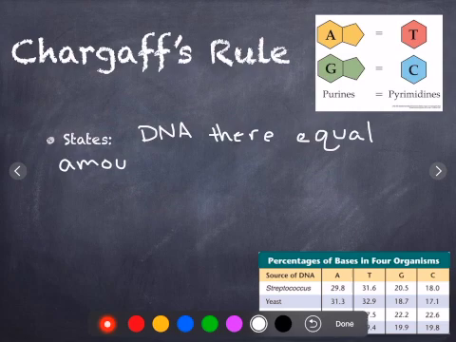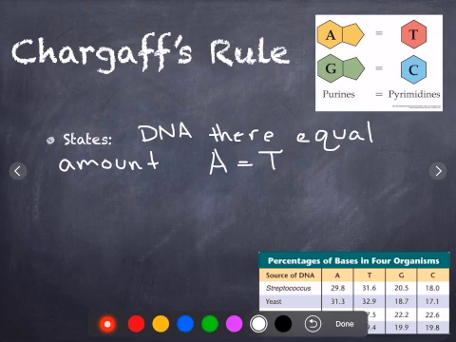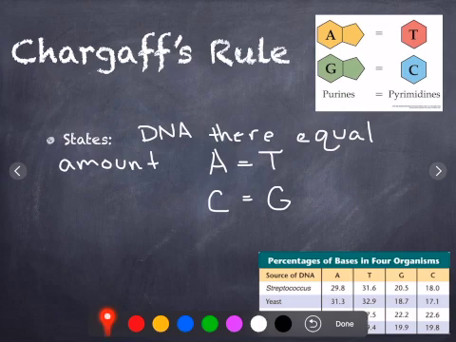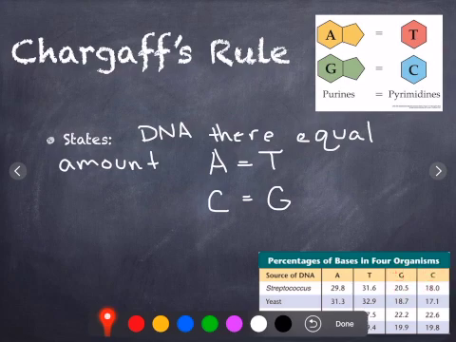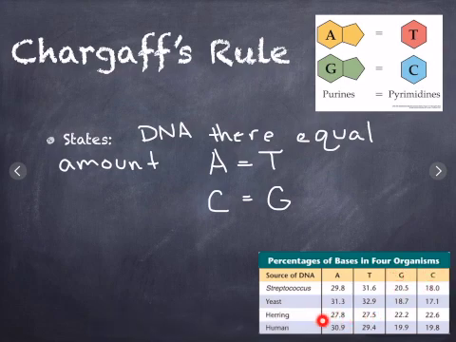To be more specific, we have an equal amount of A to T and an equal amount of C to G. Chargaff was the one who discovered this rule, and when he looked at it, he noticed, like you see down here, there's the same percentage of adenine and thymine, same percentage of guanine and cytosine. This holds true especially in humans.